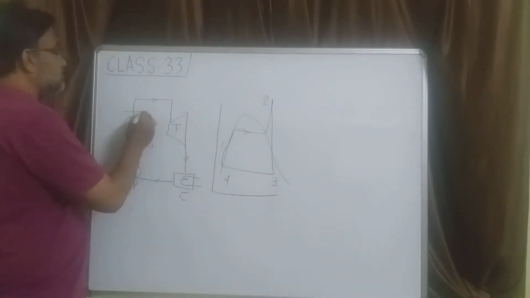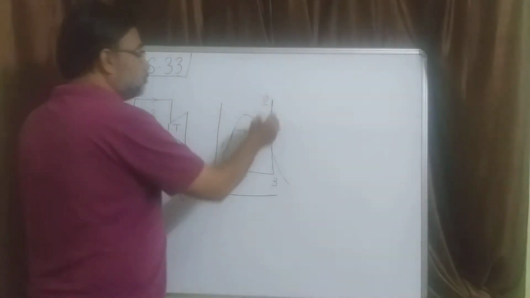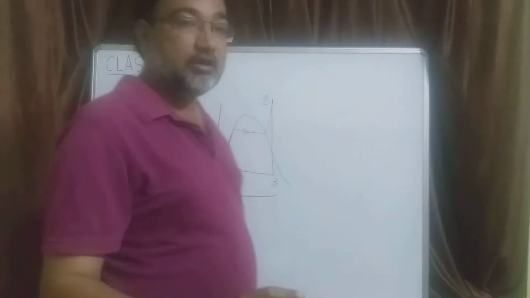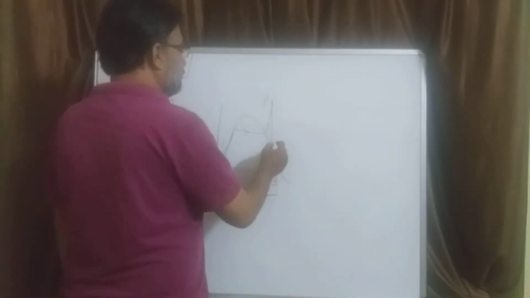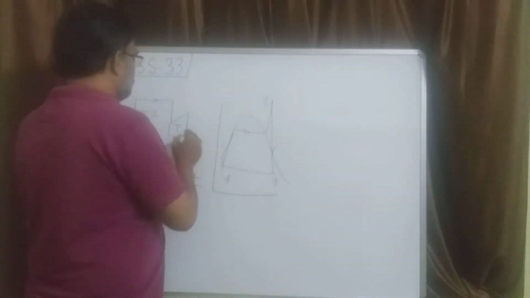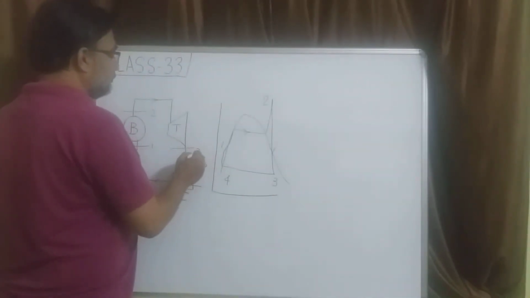So this is 1 and this is 2. 2 to 3 is a reversible adiabatic expansion of steam that occurs inside the turbine, and this is where we get the work. So this is 2 and this is 3.